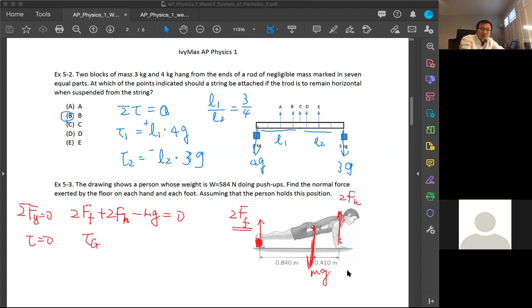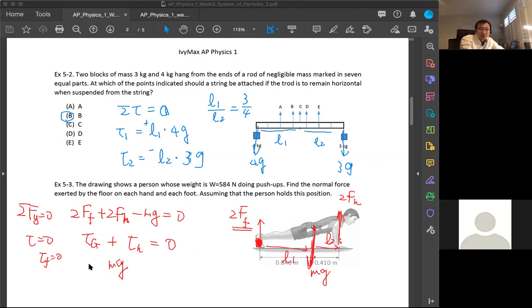So this is TG plus TH equal to 0, right? Because TF equal to 0, we already got that. The torque generated by the normal force from the foot should be there. And this one should be mg, using the distance, assuming this is L1 and this is L2.